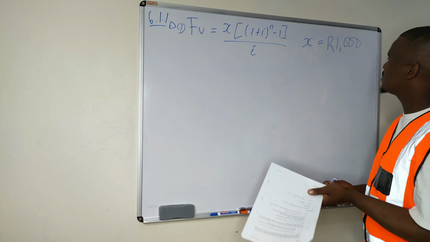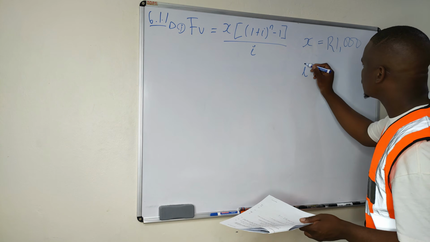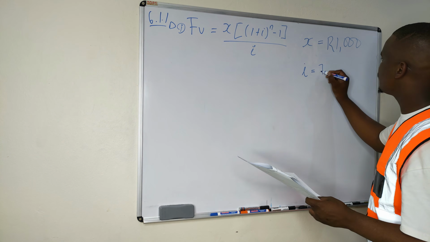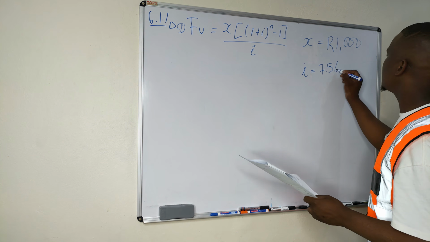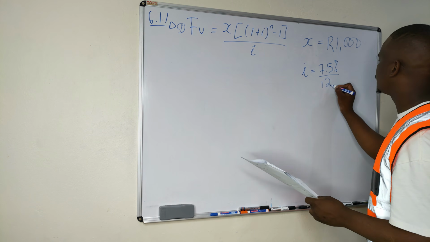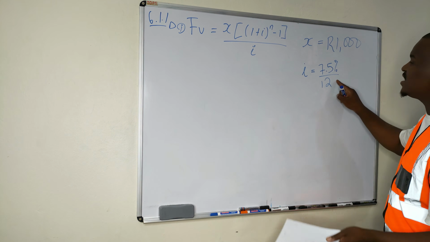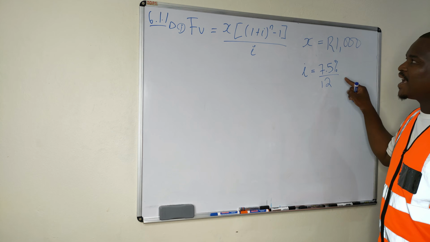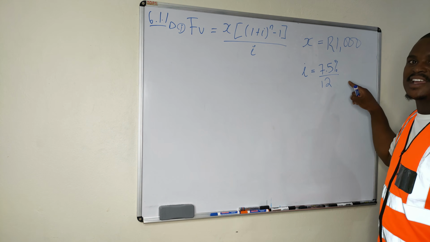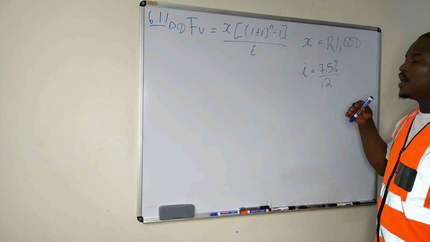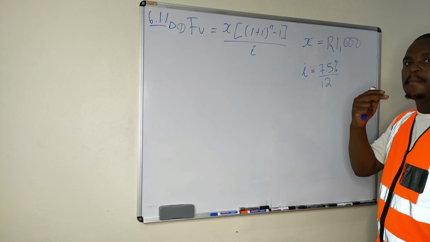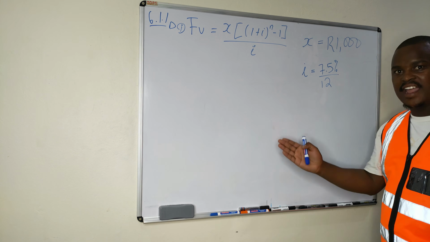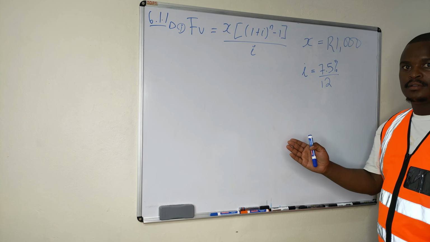So your i should be 7.5% over 12. You are dividing it by 12 so that you can get how much this person is accruing each month of the year, right?